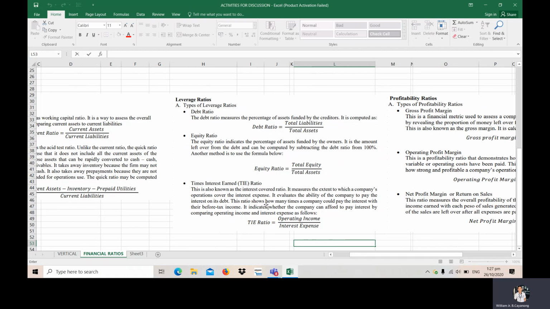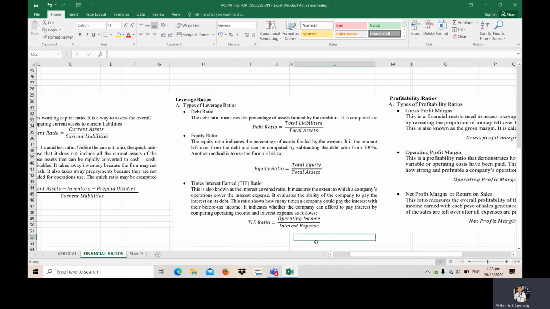This ratio shows how many times the company could pay the interest with their before-tax income. It indicates whether a company can afford to pay interest by comparing the operating income and interest expense. So the times interest earned ratio will measure if we have the capacity to pay our interest expenses.